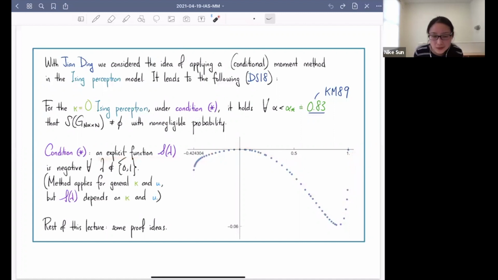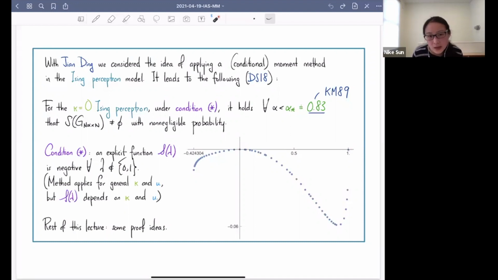It's too complicated to write down on these slides. So it's in the paper, and the requirement is that this function has to be negative except at lambda equals 0 and at lambda equals 1. We can plot it on the computer, although from the sparsity of the dots, you can maybe see that it's not very easy to plot this function.